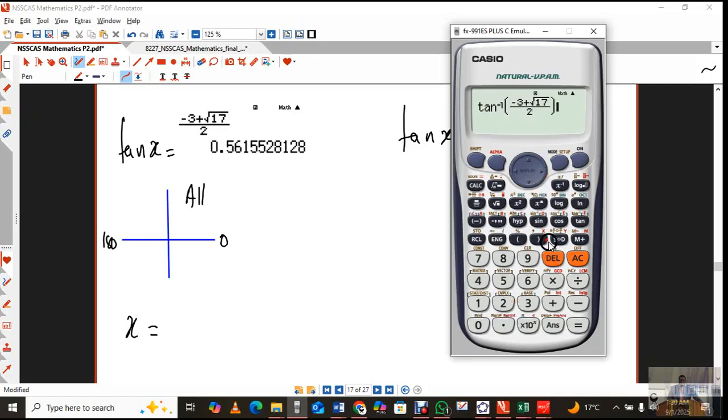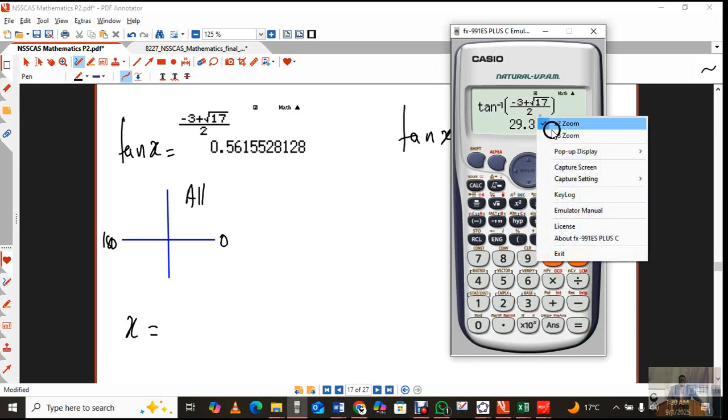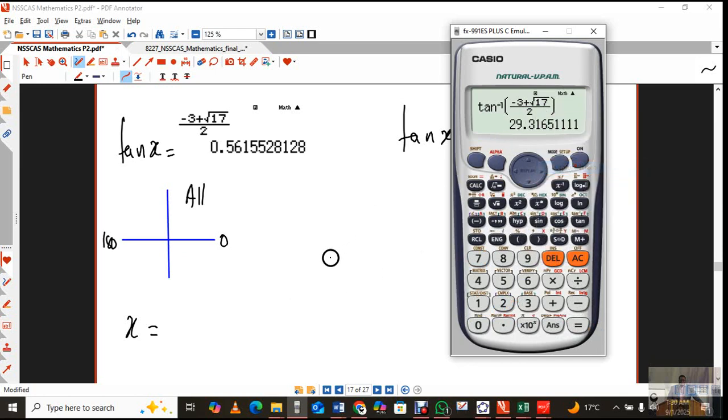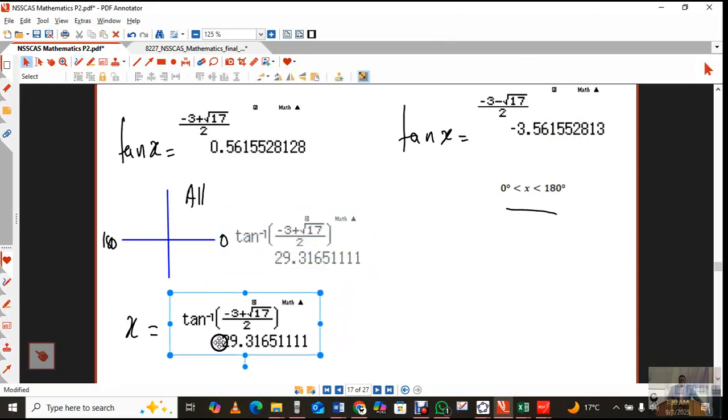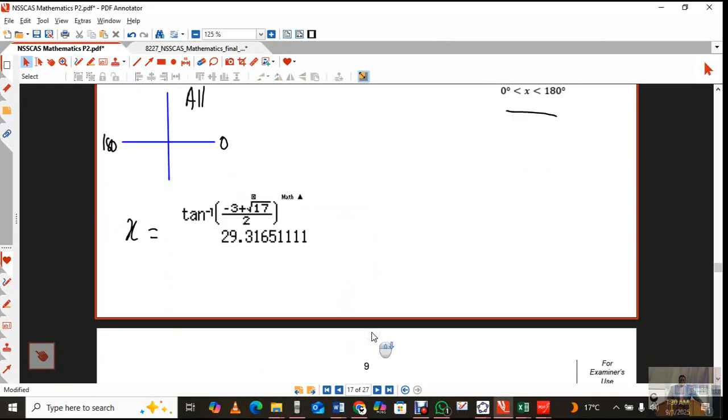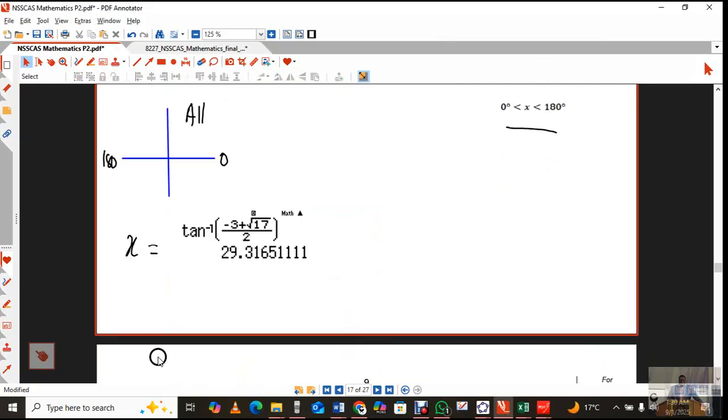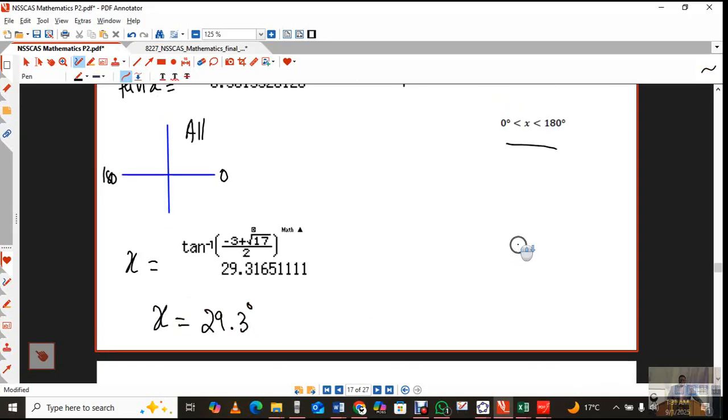This should give me my answer, which is 29. Let's capture that again. So this is my base angle, which is also my value. So in this case, x is equal to 29.3 degrees to 1 decimal place.